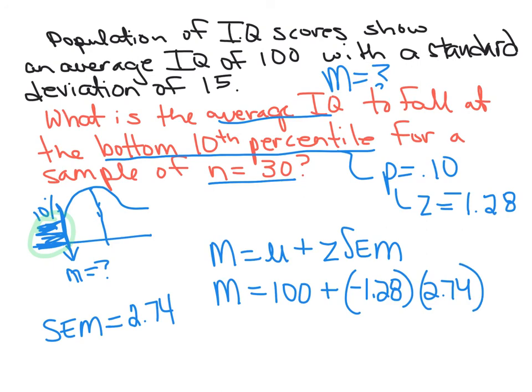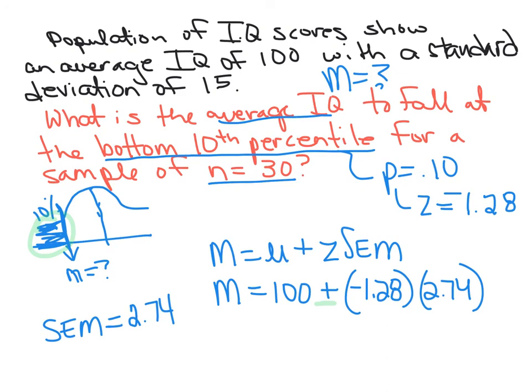It's very important that you're keeping that negative, because this negative turns this plus sign into a negative once you multiply the negatives, this 1.28 times the 2.74, then that's a negative in front of that. So you're actually subtracting your result.